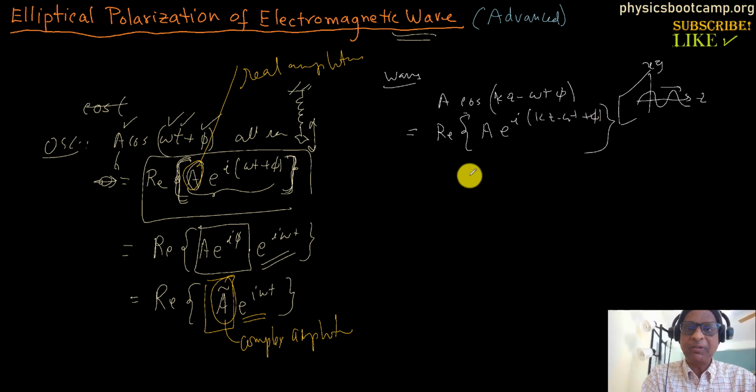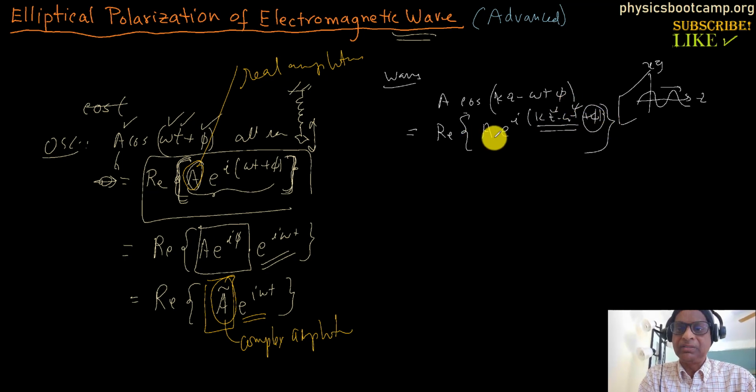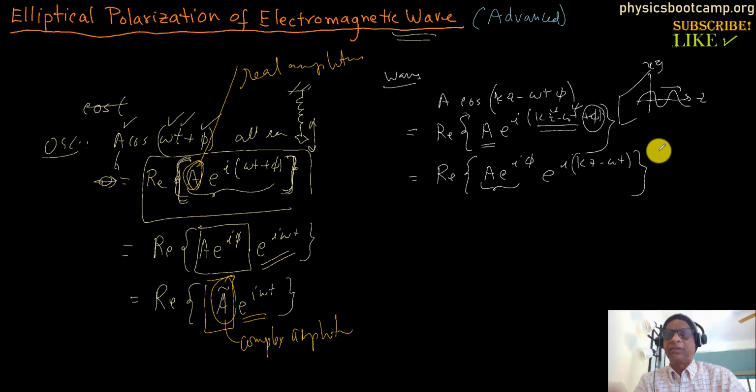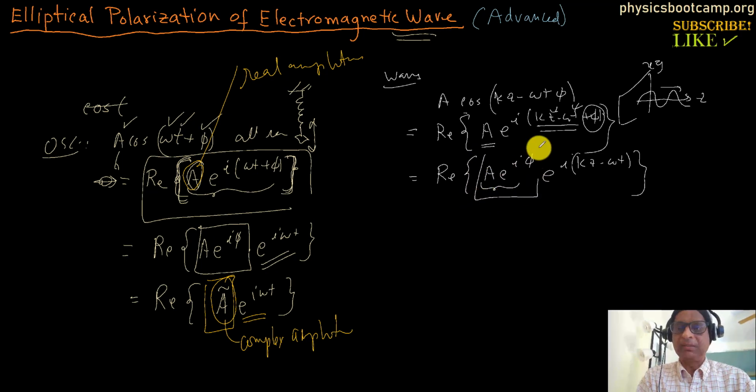And just like over here, I can separate out the things which depend on variables like z and t, and this is just a constant, so I can absorb it and redefine the amplitude. So A e to the power i phi is a complex amplitude, times e to the power i (kz minus omega t). So this will be the same in all the waves, and this may be the thing of concern.